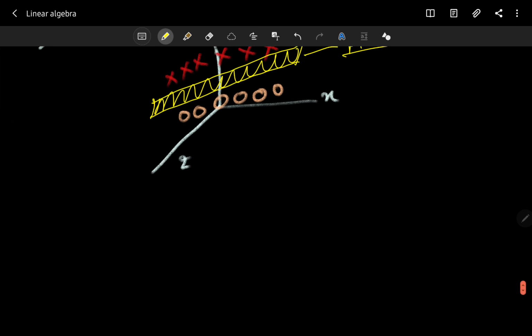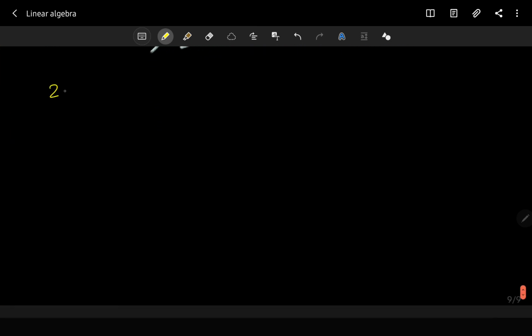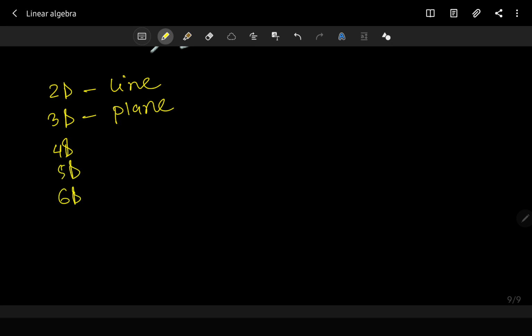In the 2-dimensional case we call it a line, and for 3-dimensional space we call it a plane. What about higher dimensions? 4D, 5D, 6D and so on till ND.